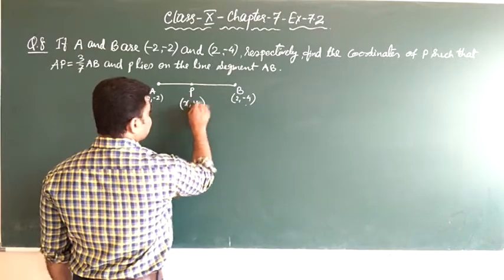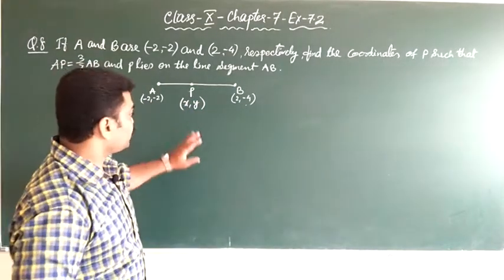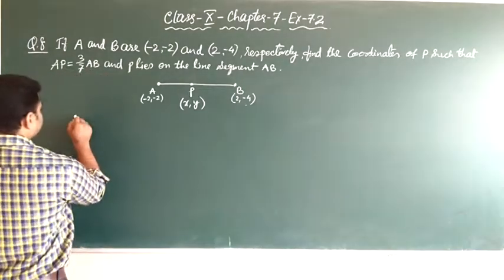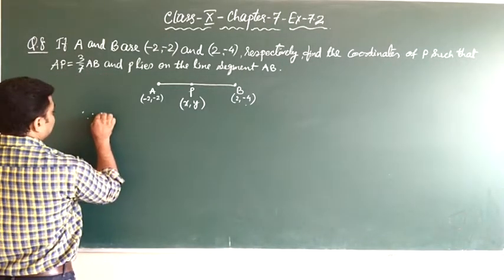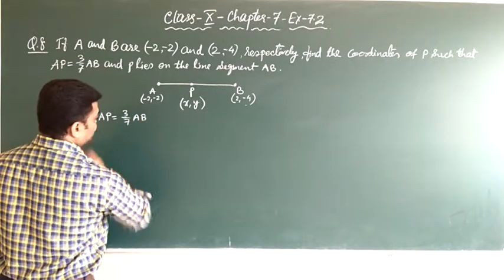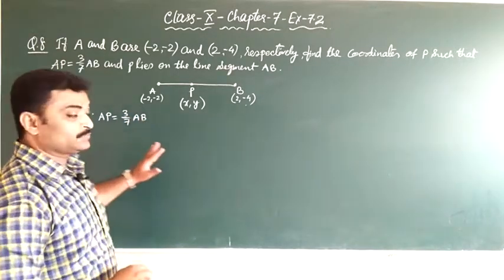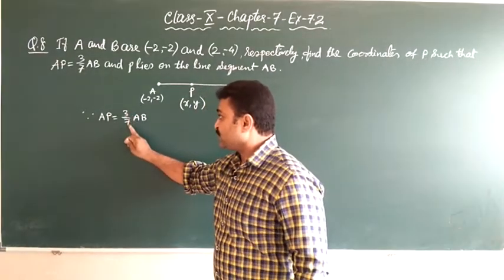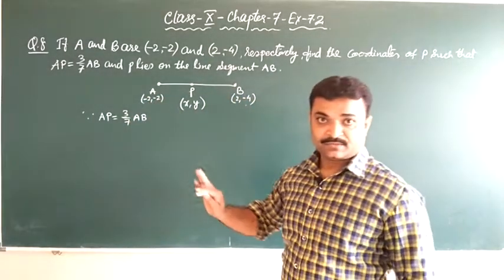Suppose the coordinates of P are x and y. And one more thing is given: AP is equal to 3/7 AB. Clear?